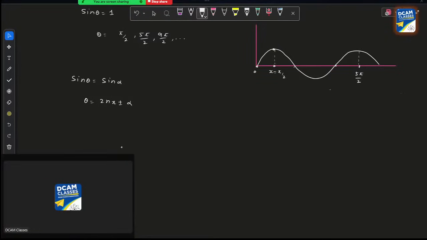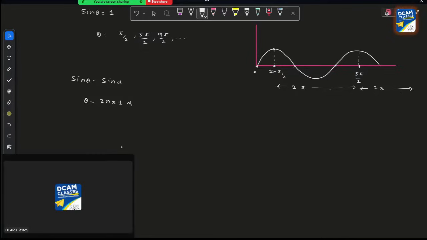Because if you see here, the period of sin x is 2 pi, means after every 2 pi it will be repeating its same value, because the graph is such. So the usual thing is the solution of a particular trigonometric function becomes theta is equal to the period added integral times plus that angle.